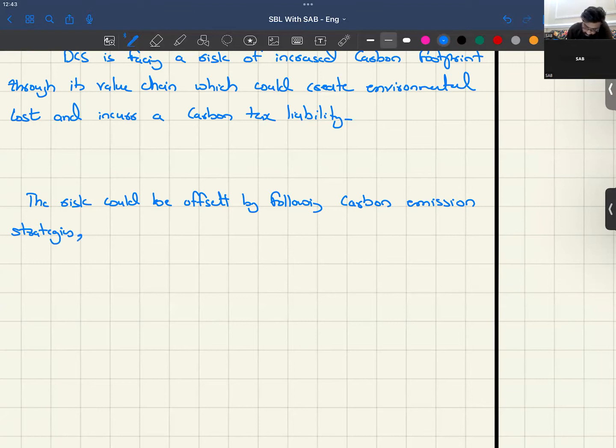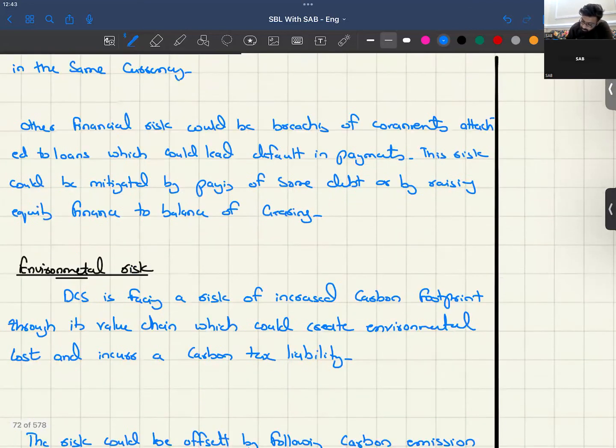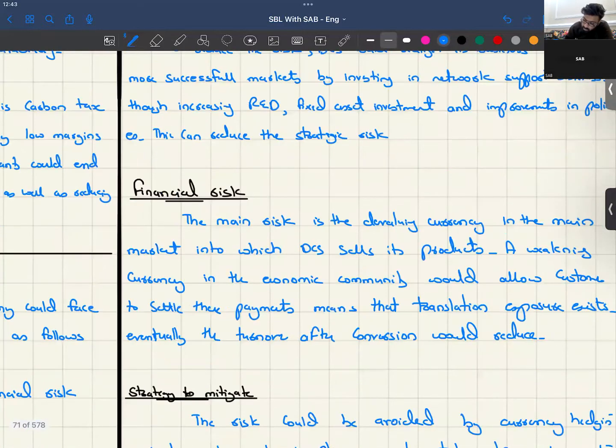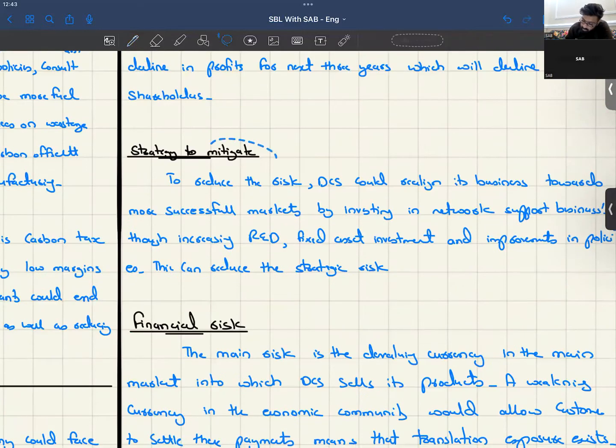Or another idea that could be done by strategies to avoid wastage and minimize carbon footprints. That's the strategy to mitigate the risk, right?